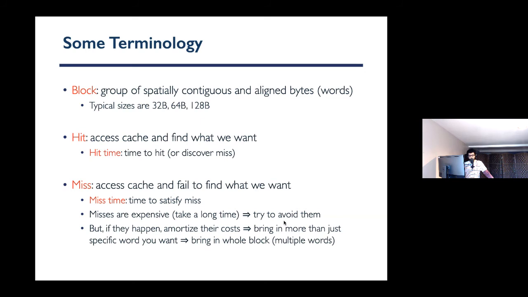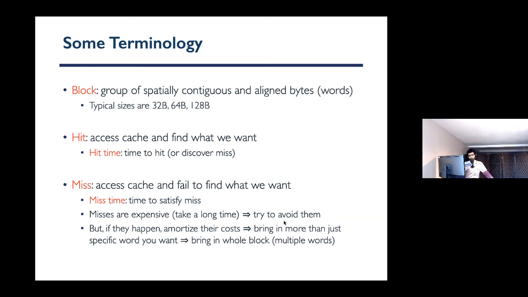Now, let's say you have a miss. So you couldn't find the data in cache, so you have to go now to memory to find and bring that data. One of the ways that people minimize and amortize the miss time is to use those two things that I said, especially spatial locality.